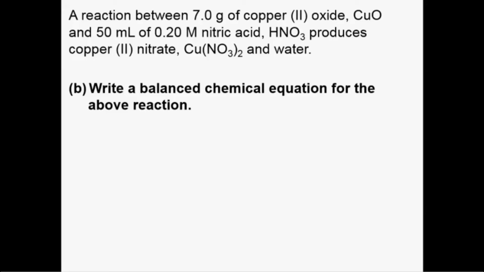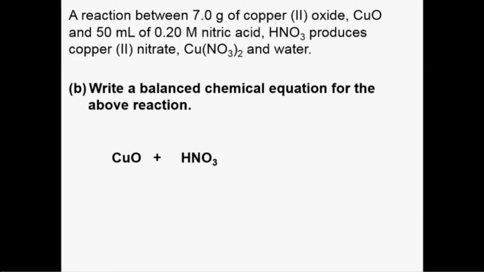Let's write the reactants first. The 2 reactants are copper 2 oxide and nitric acid. Later in this question we will determine which of these 2 reactants is the limiting reactant and which is the excess reactant, but for now we are just going to balance the equation.